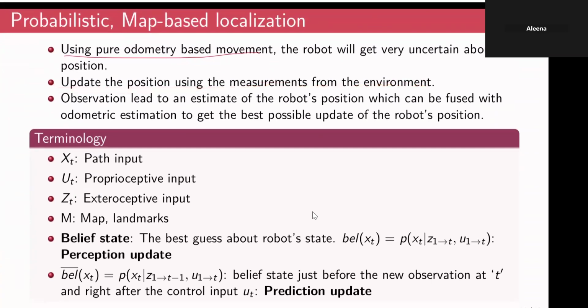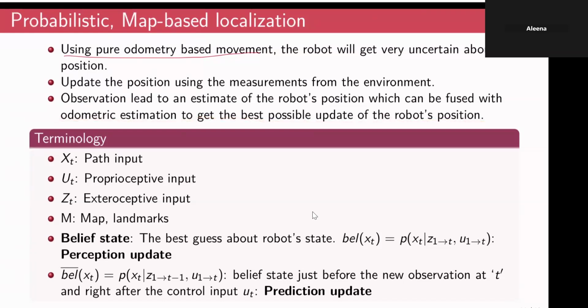To solve this problem, to reduce this uncertainty, we update the prediction, what we predict using the encoders from odometry, using the measurements from the environment. This is facilitated by the sensors. So observation leads to an estimate of a robot's position, which can be fused with odometric estimation to get the best possible update of the robot position.